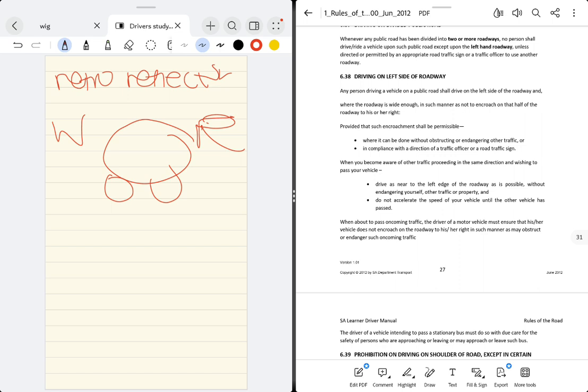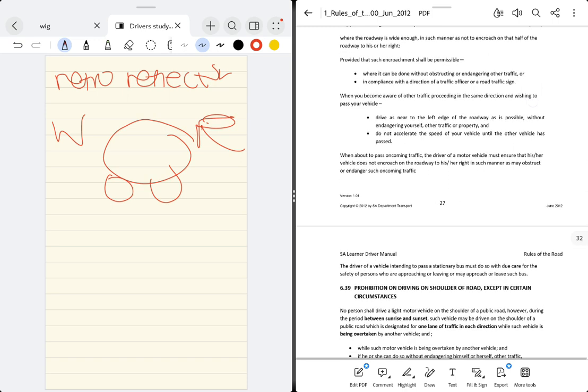When you become aware of other traffic proceeding in the same direction and wishing to pass your vehicle, drive as near to the left edge of the roadway as possible without endangering yourself and other traffic or property. Do not accelerate the speed of your vehicle until the other vehicle has passed.